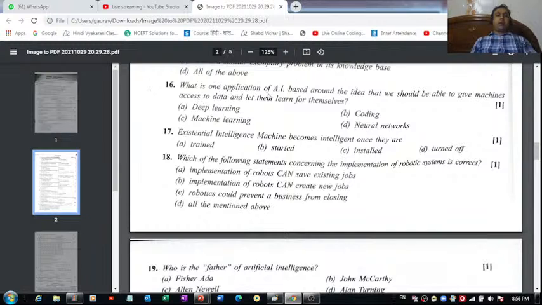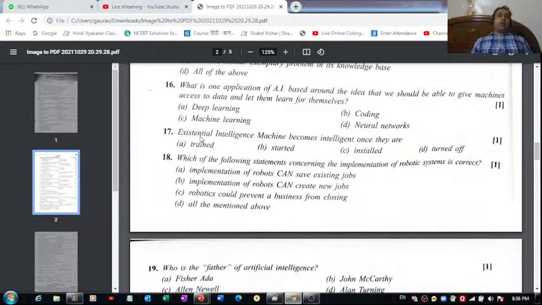What is one application of AI based around the idea that we should be able to give machines access to data and let them learn from themselves, right? So basically, when it comes to modeling in AI project cycle, there are 5 different stages. The fourth one is modeling, in which we create models with the help of which we train our model.